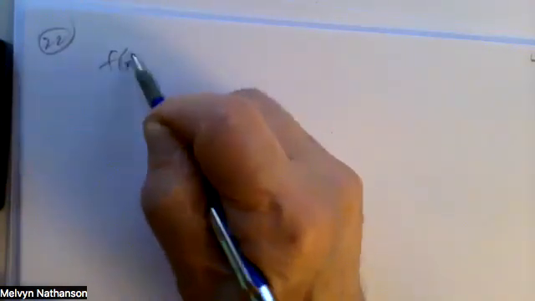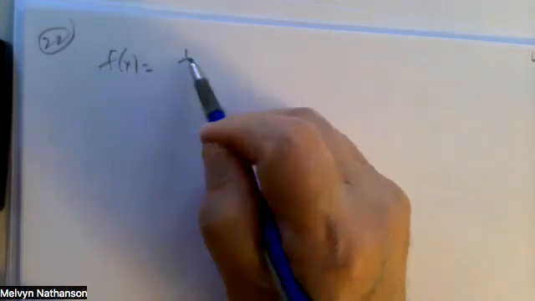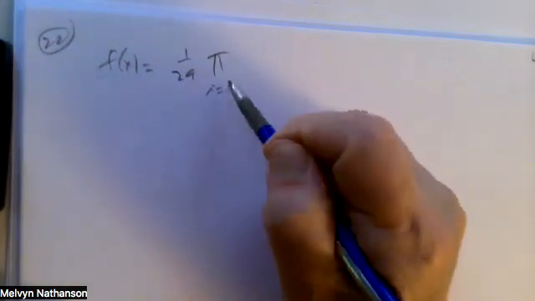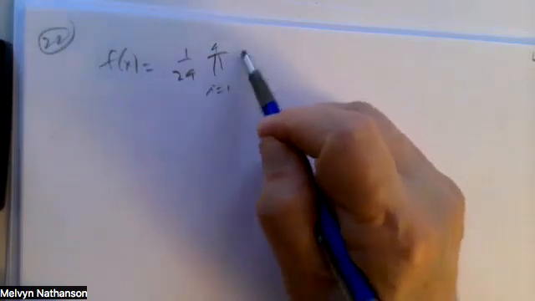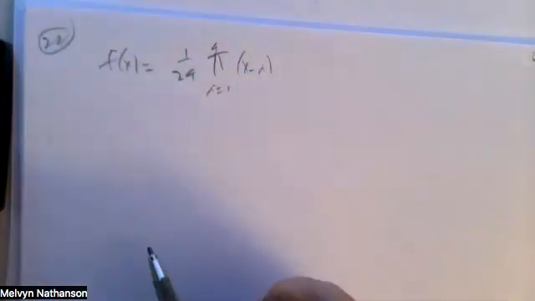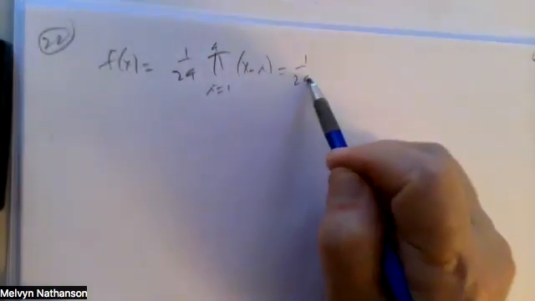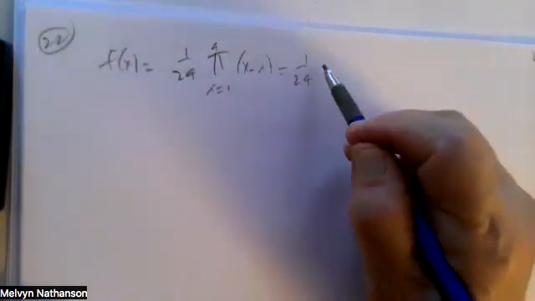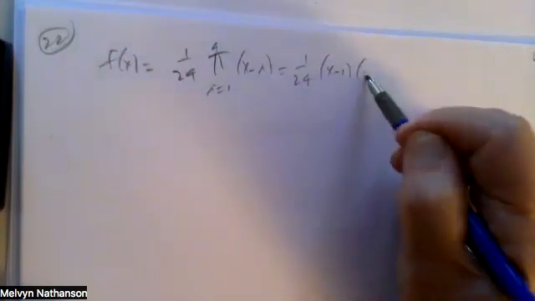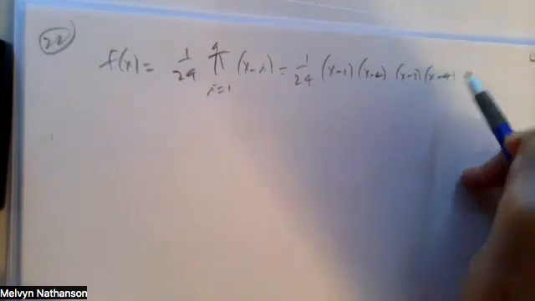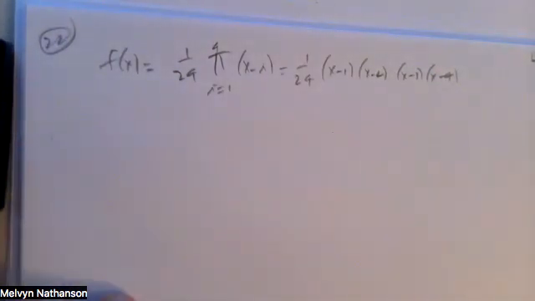So problem 22, we have the polynomial f of x, which is 1 over 24, product i goes from 1 to 4, x minus i. So this means 1 over 24 times x minus 1, x minus 2, x minus 3, x minus 4.